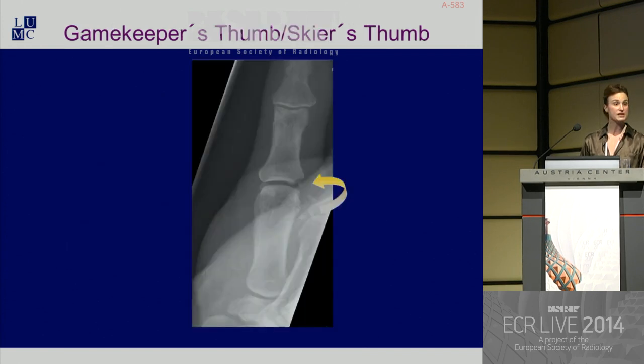After 1 week, I think the MRI gives you more chance to make the correct diagnosis. Sometimes it is easy because we perform a conventional X-ray and we see, like in this particular case, an avulsion fracture at the level of the attachment of the ulnar collateral ligament, but sometimes it can be very difficult, and we have to go for more sophisticated methods of diagnosis like ultrasound or MRI.